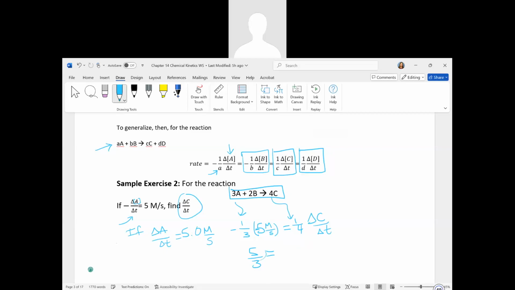So we have 1 over 4 times x. There we go. Now, when we solve for x, cross multiplying, x is 20 over 3. We can divide that out and get a value of 6.7 molar per second. All right, let's do one more example with the next problem below.